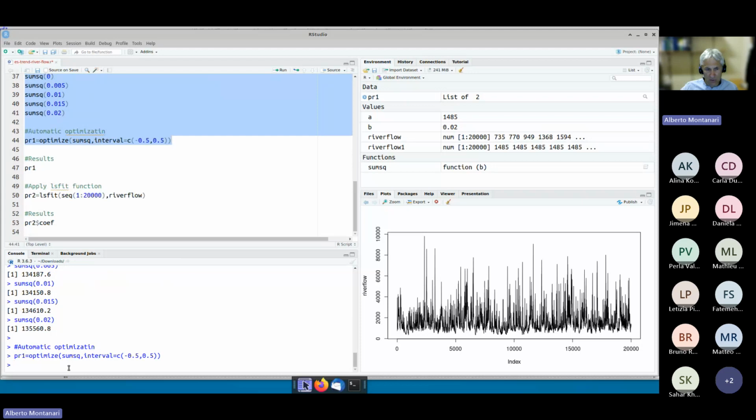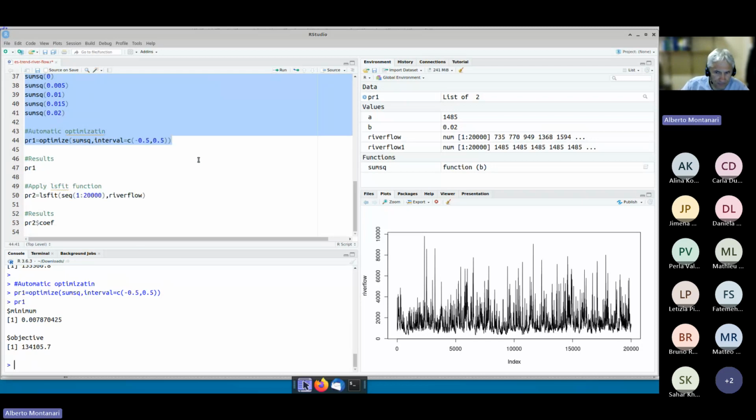You see in the R console, I got again the optimize function, and if I want to look at the results, you see the slope is 0.07. Of course, this slope depends on the intercept that I fixed, which is an arbitrary selection of the intercept, but let's assume that it's fine, okay?